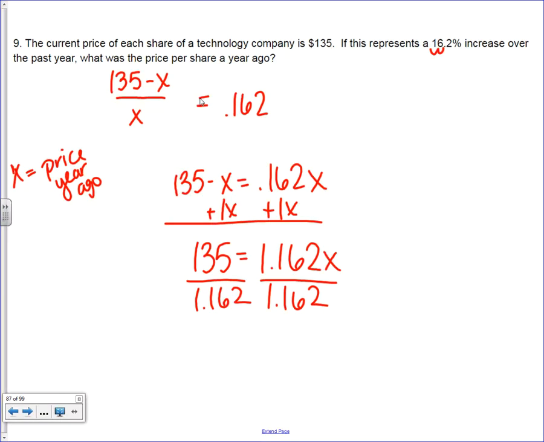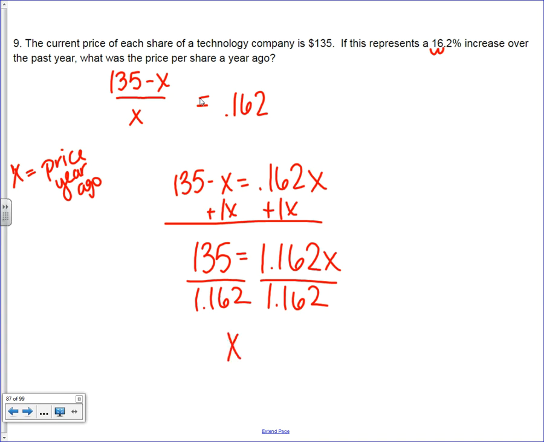Uh-oh. So let's see here, 135 divided by 1.162.